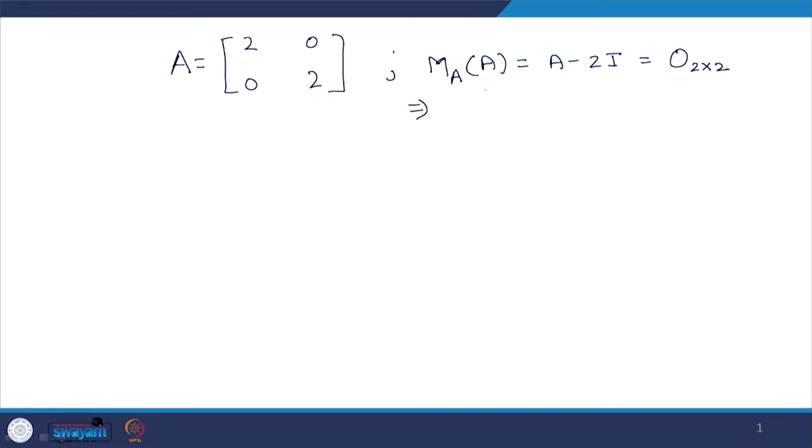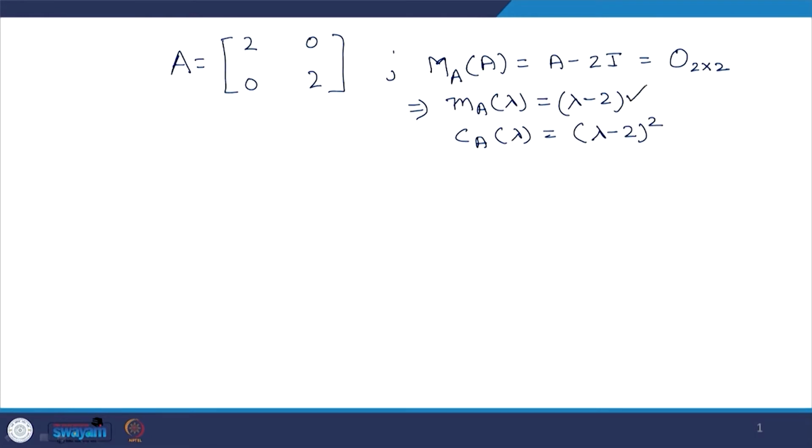It means the minimal polynomial of A is given by lambda minus 2, while the characteristic polynomial of A is lambda minus 2 whole square.